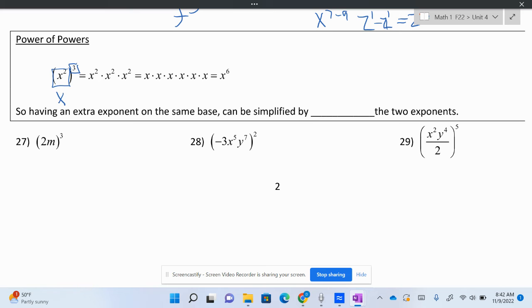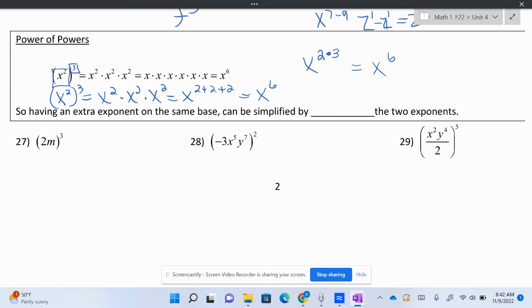So what x squared to the third power really means is x squared times x squared times x squared. But if I use the rule, well, that means x to the 2 plus 2 plus 2, which is x to the 6th, which is the same thing as taking the number on the inside and multiplying it by the number on the outside.